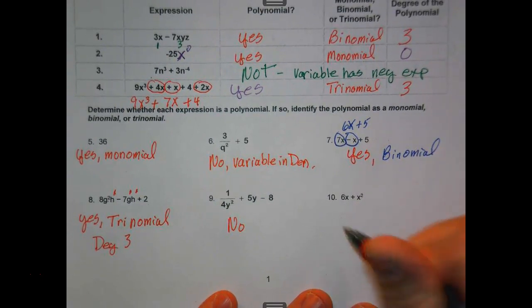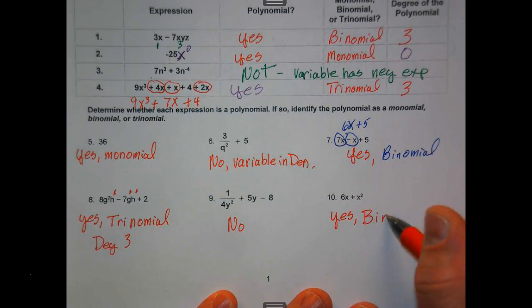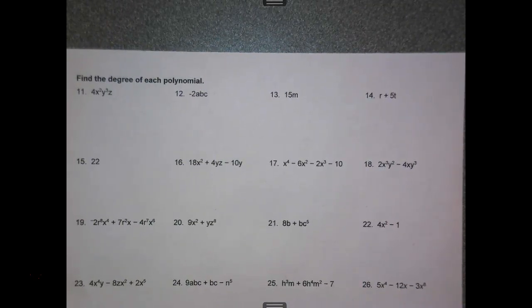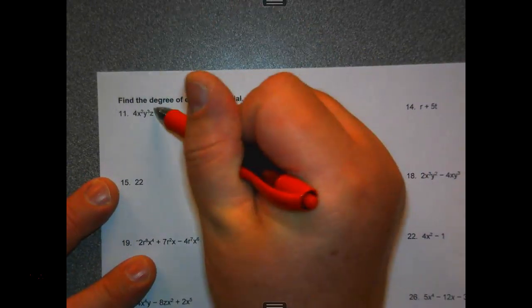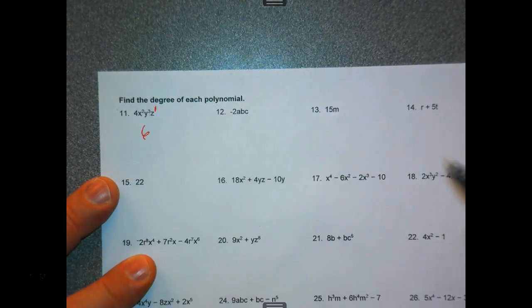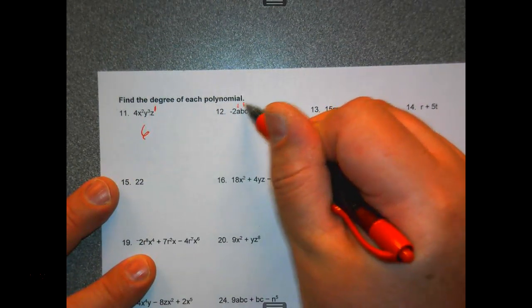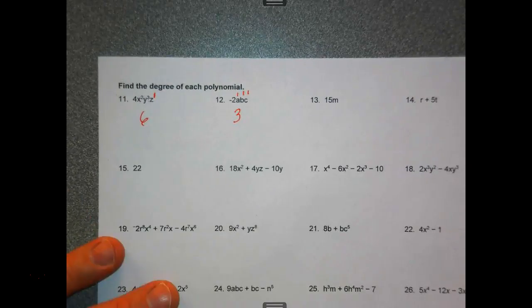And 10, polynomial? How many terms? Degrees. We know how to do degrees. Again, if there's nothing there, so I got 2 plus 3 is 5, plus 1 is 6. 1 plus 1 plus 1 is third degree, like what your parents give you.